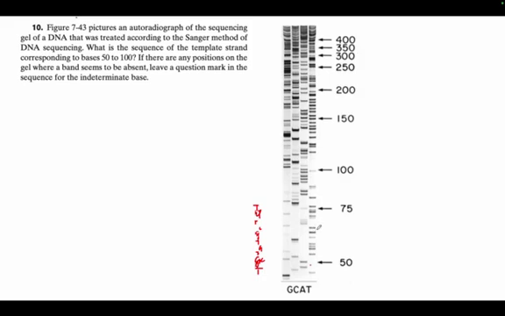Right? But these two bands are very prominent, but we don't really see any other band here. But the spacing between these two bands suggests that there should be another base here. So we can add a question mark. Right? T, A, T, T, G, T, T, A, T, and so on. So you can just read the sequencing gel here up to 100.